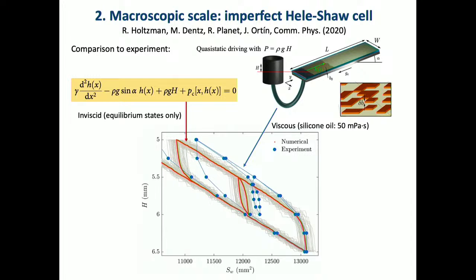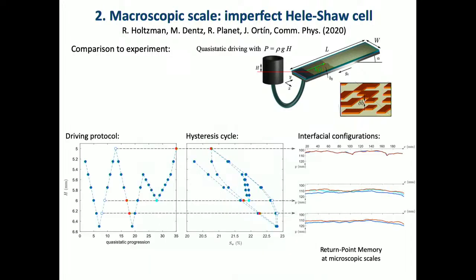And in the course of avalanches of Haynes jumps, even though the driving is quasi-static, the motion is very fast. So in those Haynes jumps, there is unavoidably viscous dissipation. And this is not accounted for by this model here, which only describes the mechanical equilibrium configurations of the system. So this would apply to an inviscid fluid, a fluid without viscosity. Viscosity does not appear anywhere, while in our case, we have viscous dissipation. This is one of the objectives for the future years, to deal with that problem.